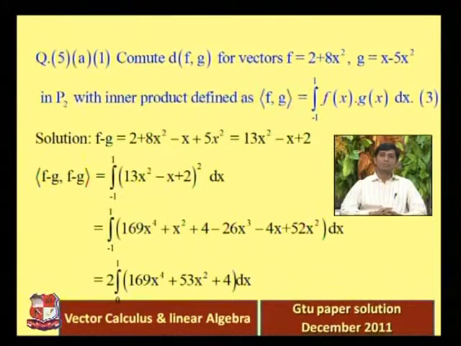Then plus 2 into minus x into 2, so that is minus 4x, plus 2 into 13x square into 2, that is 52. The constant is 13 into 2 into 2, that is 52x square, into dx.